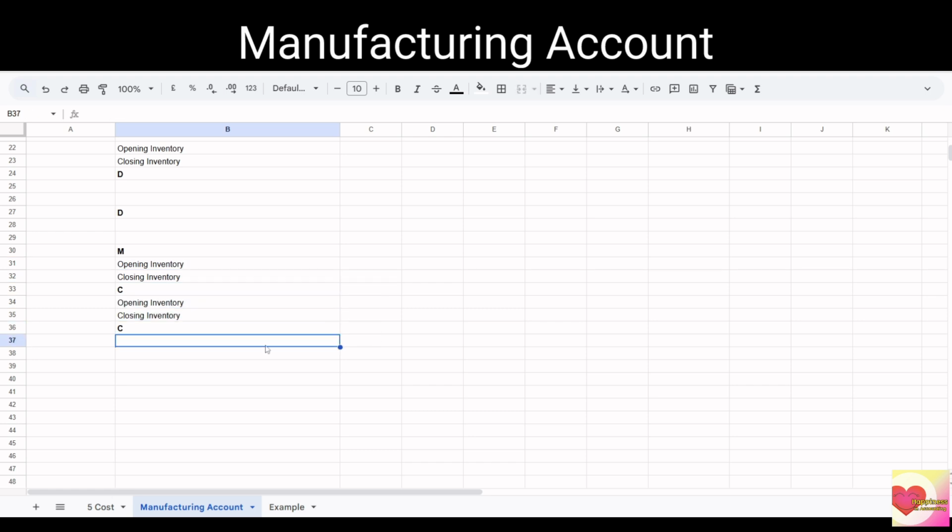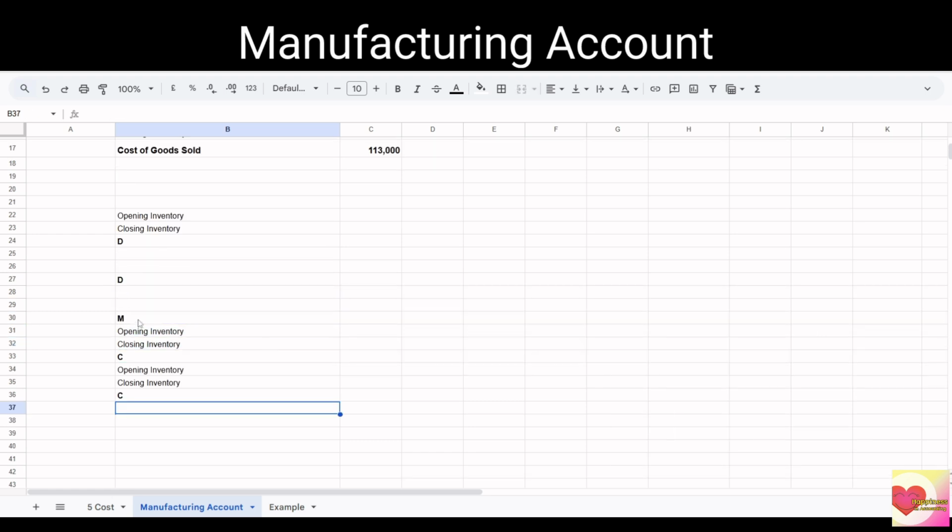Third, these two don't have the opening and closing inventory, so we will insert only one cost for each of them and they start with the same word. So let's write D and M for now and we will find that out later. And last, the first one is special because it has three items in it.